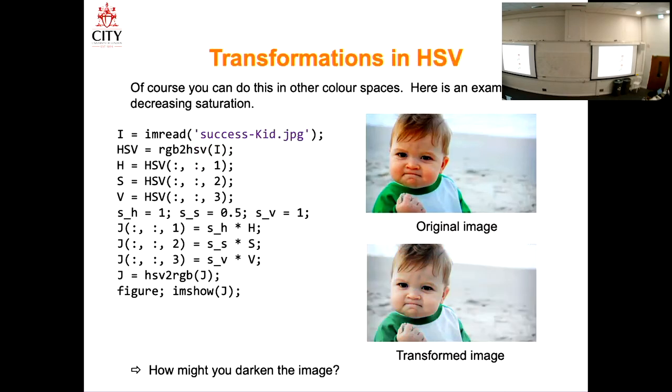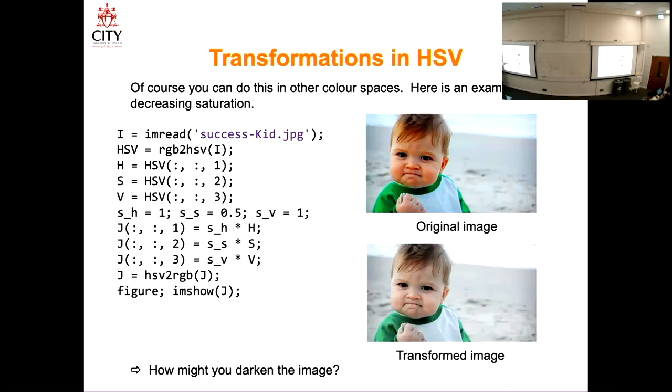What about HSV channel? I get the image, load it, convert it to HSV channel. MATLAB has it built in, super fast. Extract HSV channels, and then what am I doing here? I'm reducing saturation and leaving value and hue the same, then putting it back into the image, and then showing it.